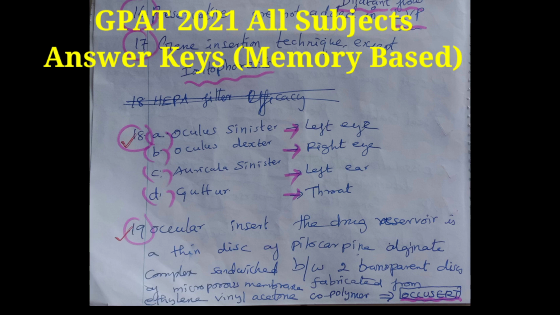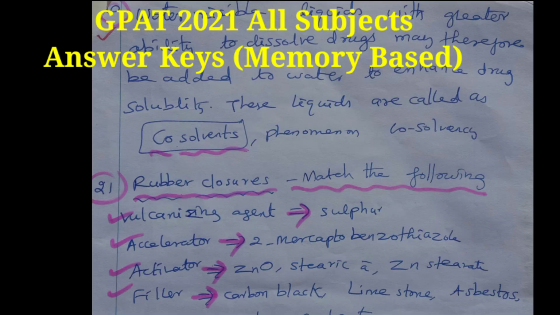of microporous membrane fabricated from ethylene vinyl acetate copolymer, that is OCUSERT. Next question, water miscible liquids with greater ability to dissolve drugs may therefore be added to water to enhance drug solubility. These liquids are called as co-solvents.